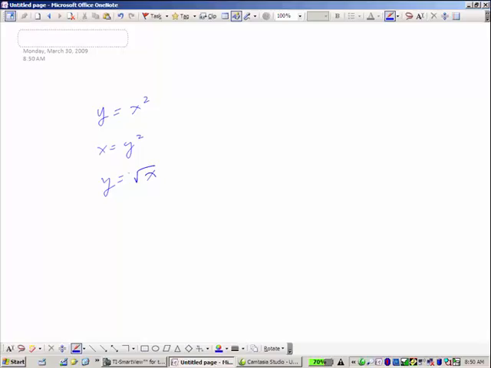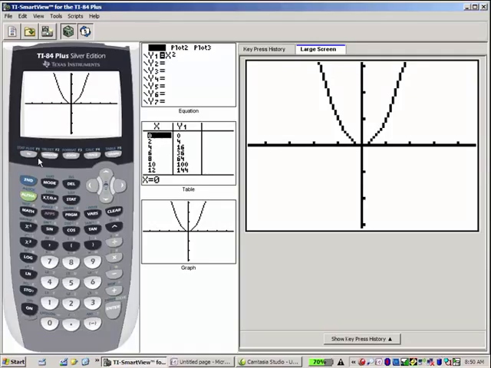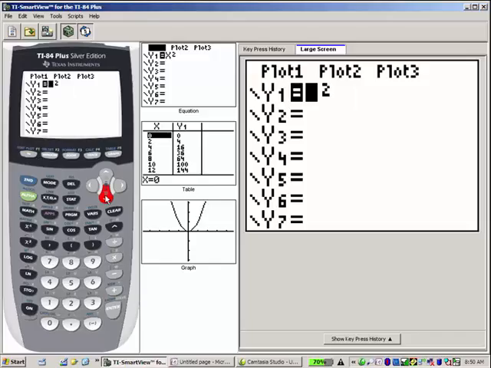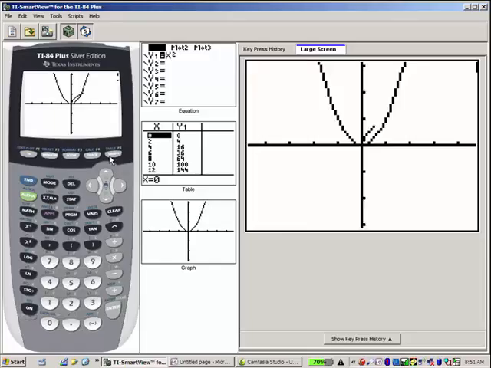Now, in order for it to be the inverse relation, we would need the plus or minus, but then it wouldn't be a function. So if you just look at y equals root x, you'll see that it's half of the inverse, the upper branch. Is that okay?